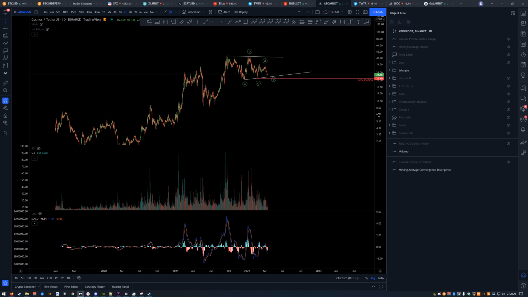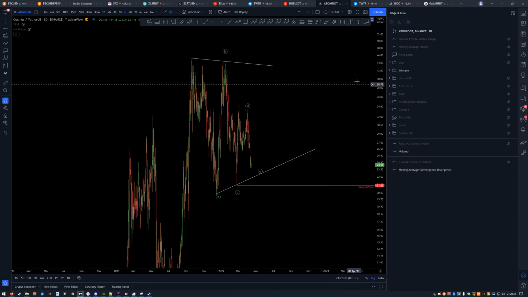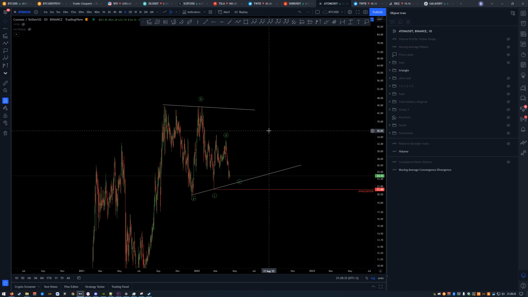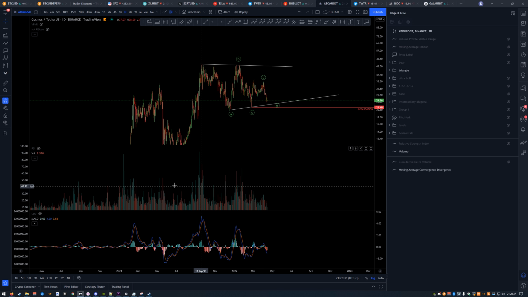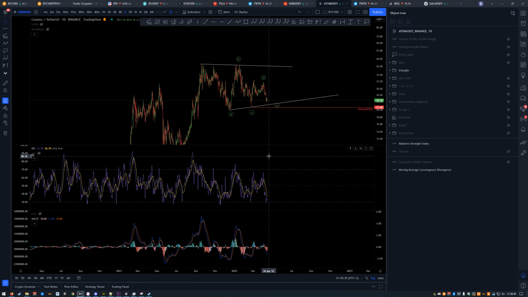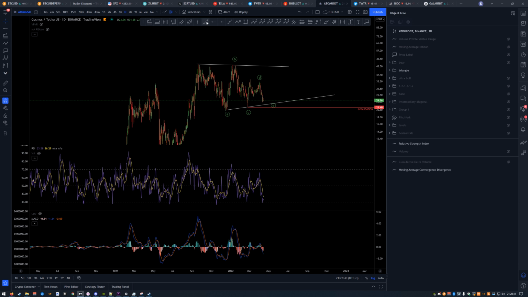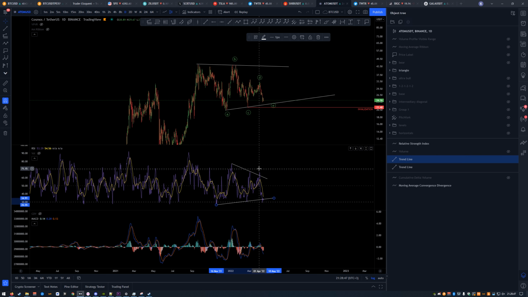There's also this possibility that was checked, but now it looks really, really bad. We can see on RSI as well, it doesn't really look like a triangle. It has broken these trend lines on both sides, so I would just delete this straight. It doesn't look good at all to me.